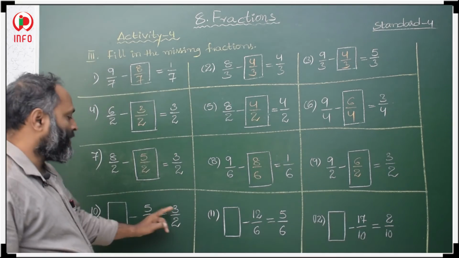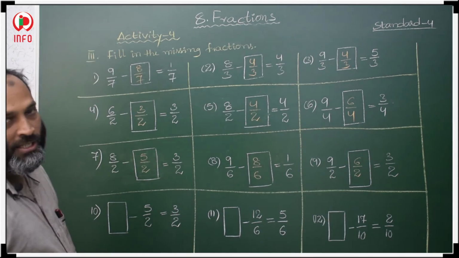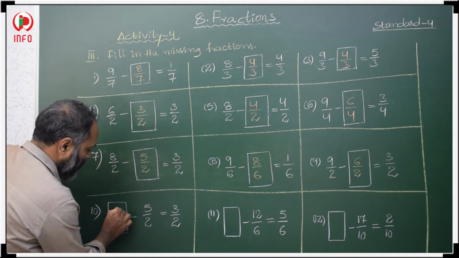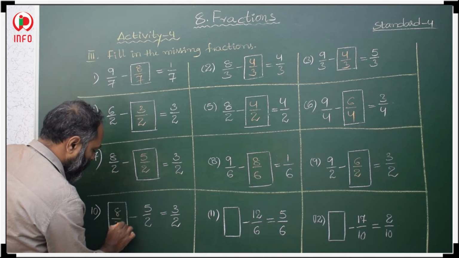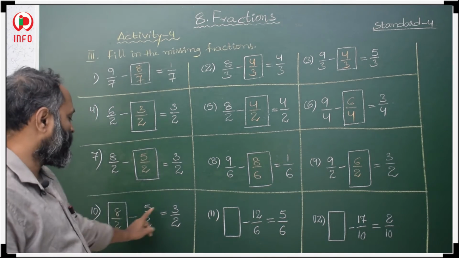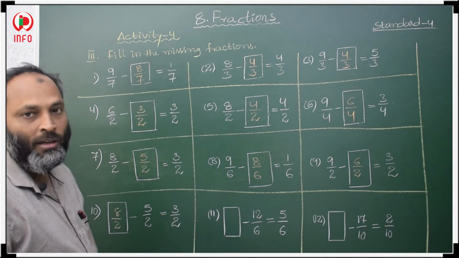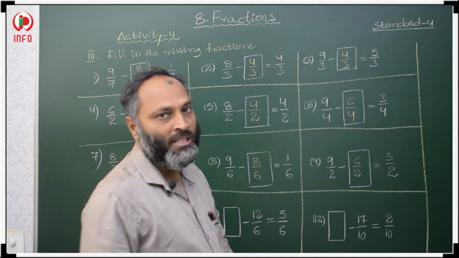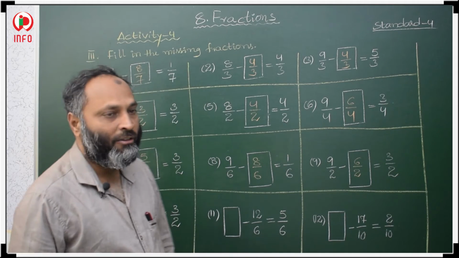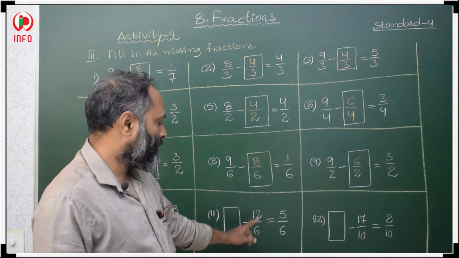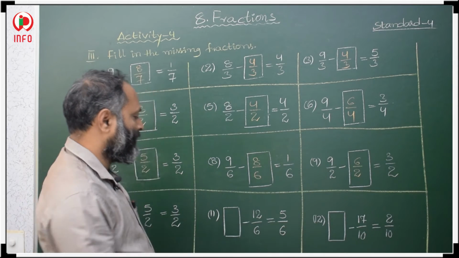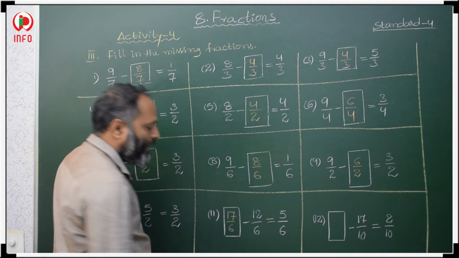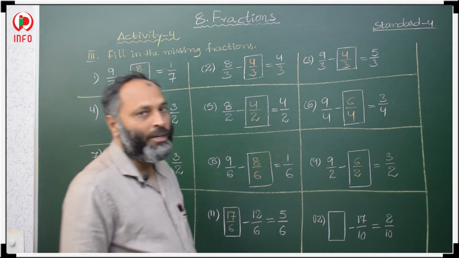Here the second fraction and answer are given, then how to write the first fraction? So we have to add here 5 plus 3, 8, 8 by 2. That means 8 minus 5 is 3 by 2. So if the second fraction is given and the first fraction is asked, we have to add the numerators. 12 plus 5, 17, 17 by 6, the denominator is same, no change in the denominator, only in the numerator.